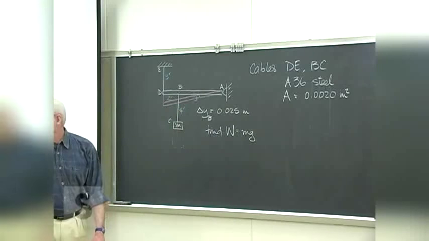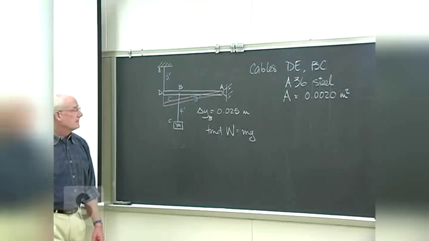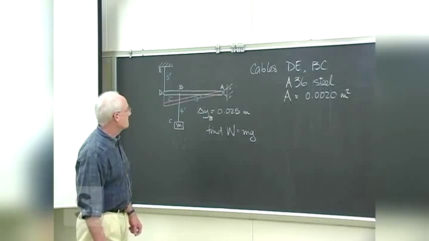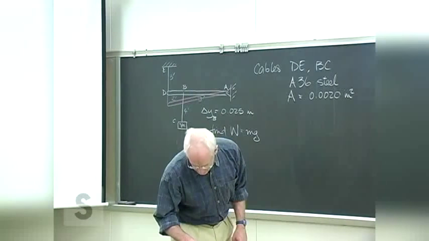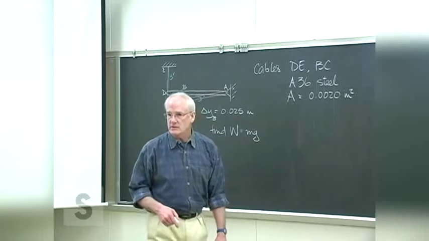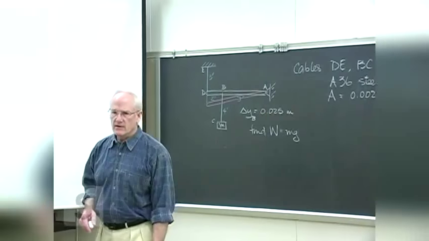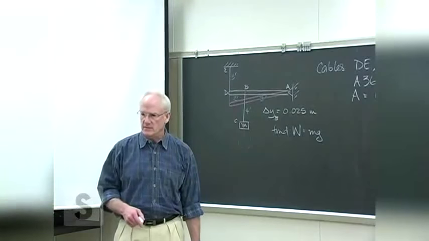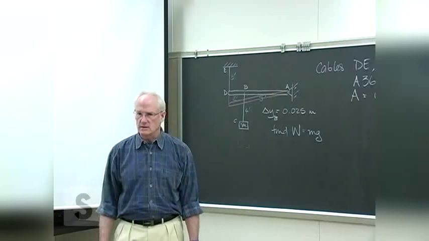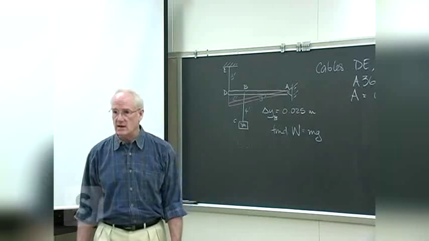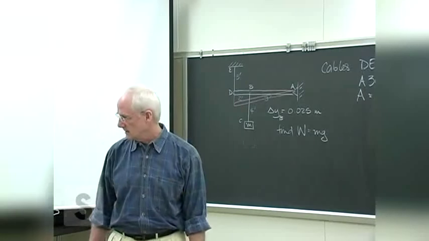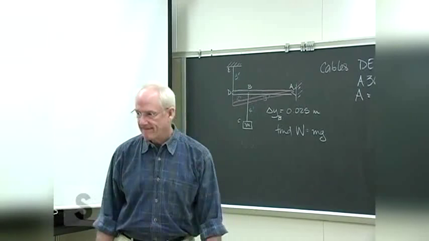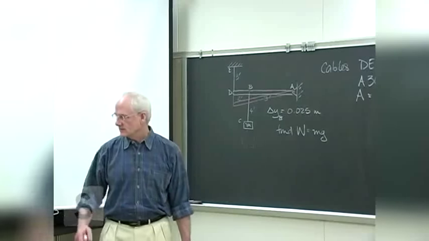Anybody happen to have their book here? Because you're going to need the modulus of elasticity of the A36 steel. It's the very back inside cover, past all the pages.